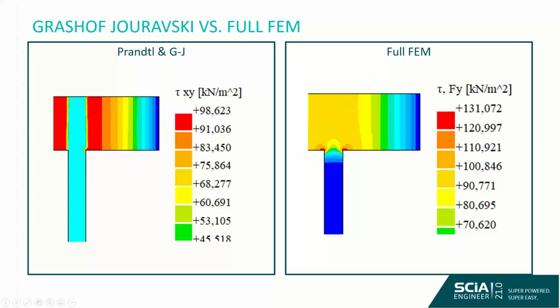So that's not a real stress distribution that will be there. However, the value coming out of it is a correct value. It's approximately the same as coming from the full FEM method. So it's a valid one to use, and will not give you any troubles further on, whereas this peak value of the full FEM might give you some issues.